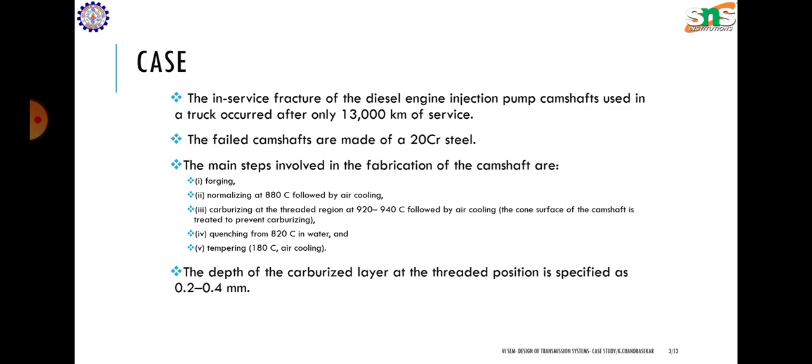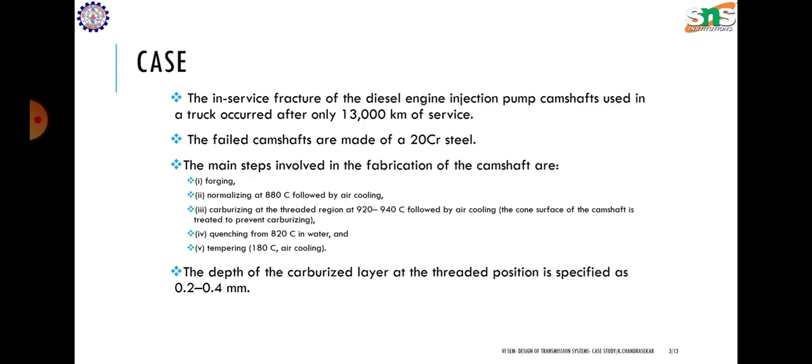The cone surface of the camshaft is treated to prevent carburizing. Then quenching from 820 degrees Celsius in water, that is sudden dipping of the heated camshaft into the water. Then tempering.